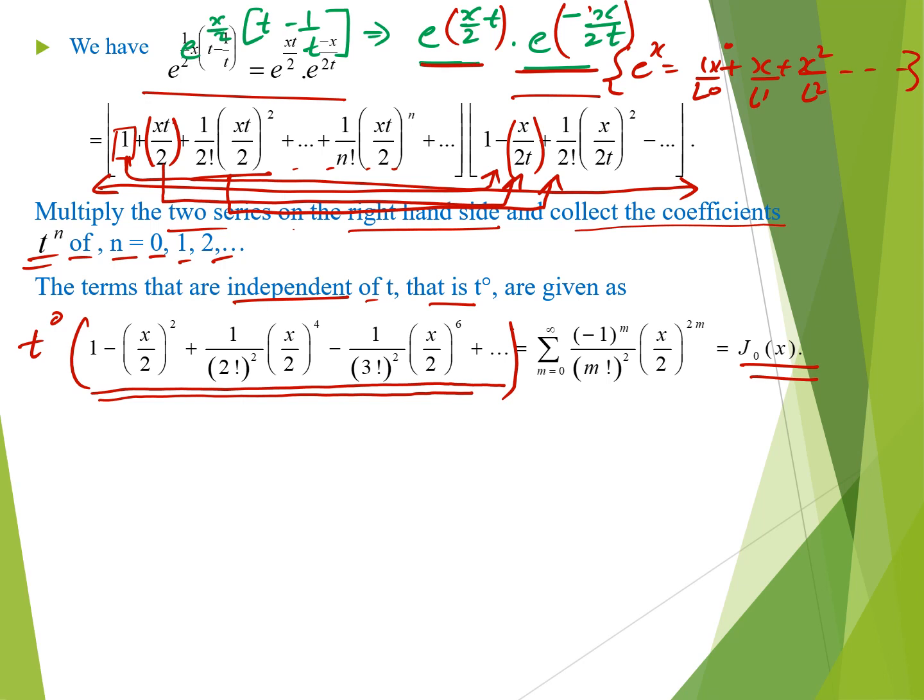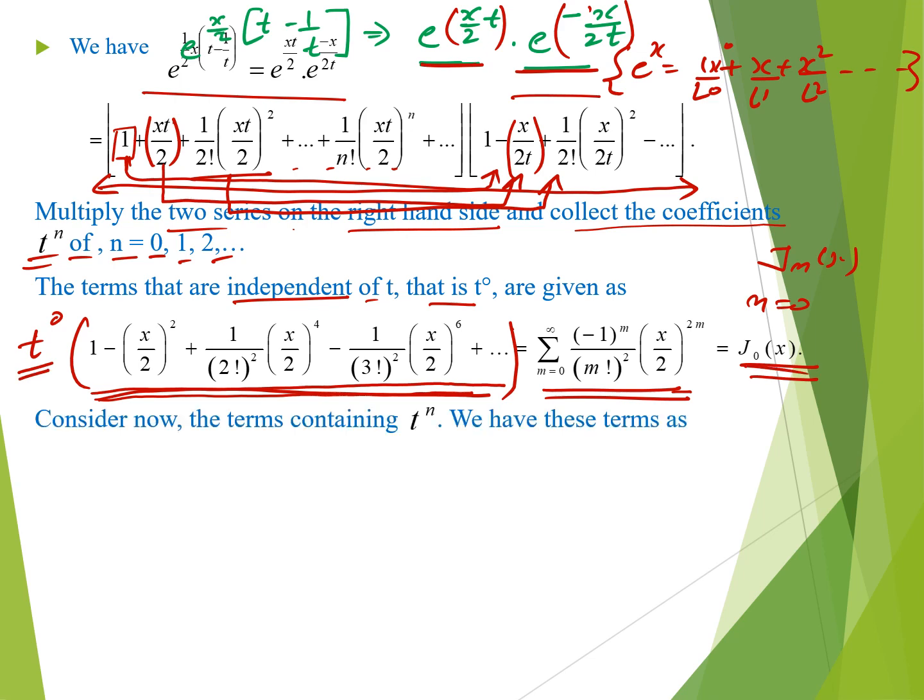If we substitute the value n equal to 0 in J_n(x), we find this summation, and when we expand this summation, we get this coefficient. That means with t to the power 0 we have J_0.